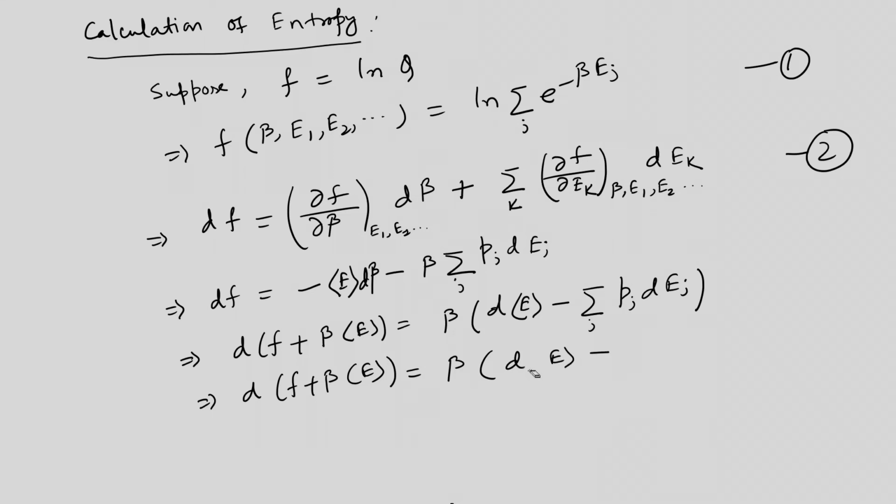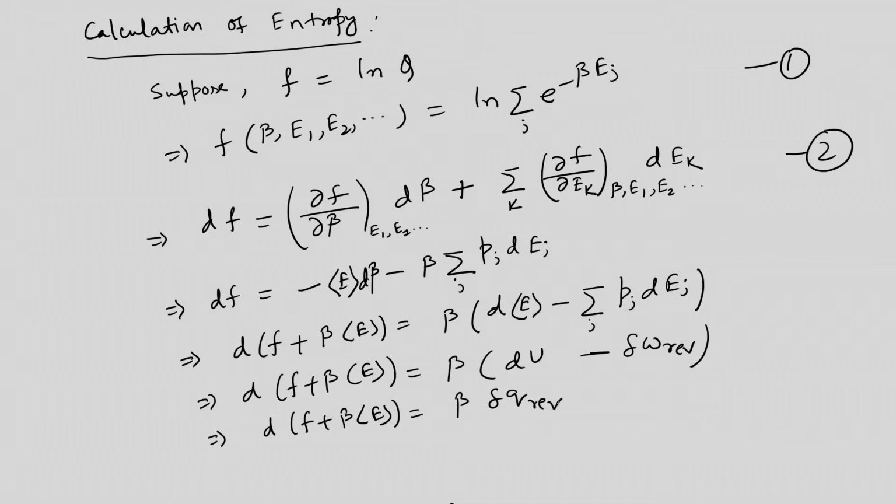This is nothing but dU. So, the average of energy is nothing but the internal energy, minus del W if the process is reversible. So we get d f plus beta E average is nothing but beta del Q reversible, or we can write del Q reversible by Kb times T. Now, we know del Q reversible by T gives you dS.